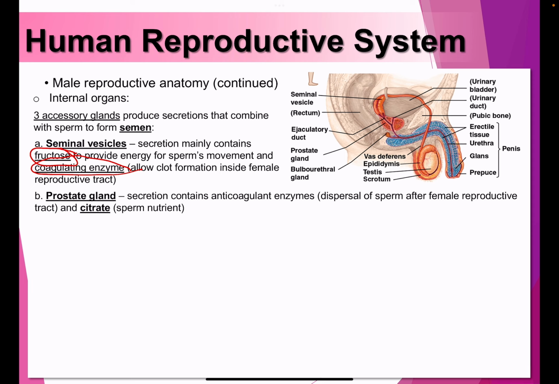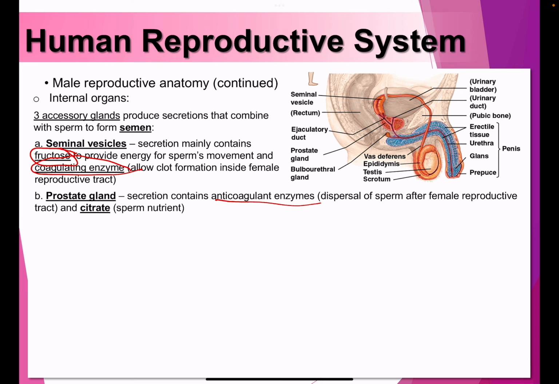The second accessory gland is the prostate gland. The prostate gland has a secretion that contains anticoagulant enzyme. You're like, wow, it's kind of the opposite of coagulating. Yes, anticoagulating is the opposite of coagulating. This is what dissolves the clot, because once the clot is inside the female reproductive tract, it's got to disperse, because all the sperm can't be stuck together in a clot and then can't go anywhere.